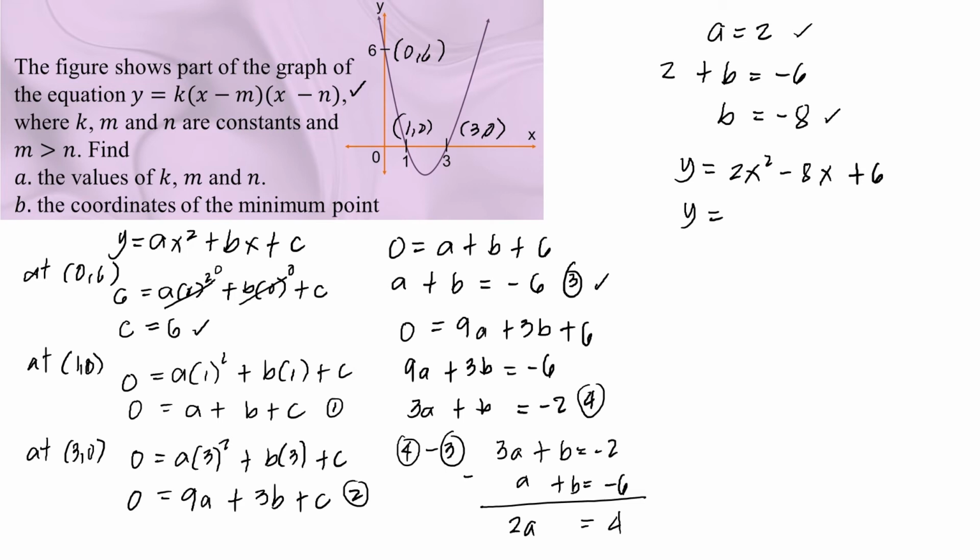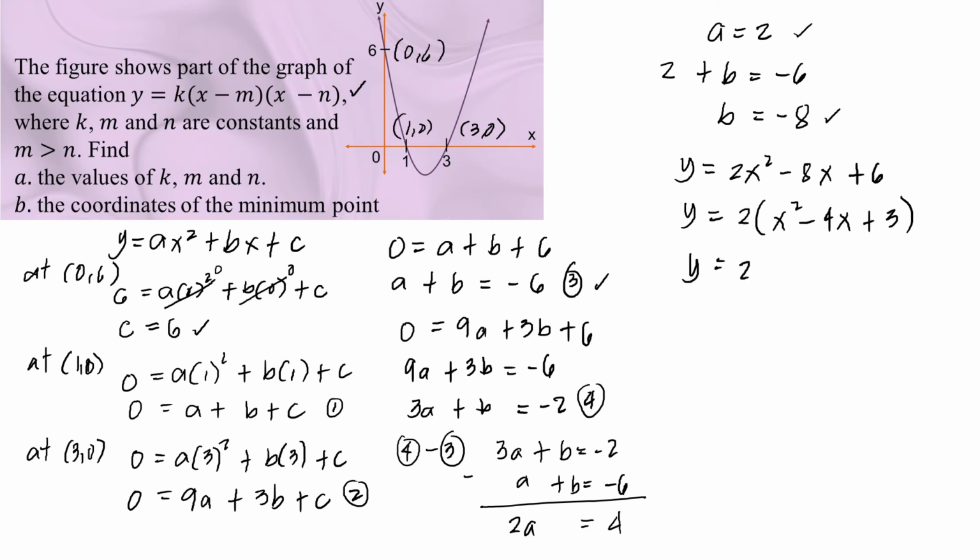Since common monomial factor ang 2, then we have 2 times the quantity x squared. Negative 8x divided by 2 is negative 4x. 6 divided by 2 is positive 3. Yung quadratic trinomial sa loob ng parenthesis ay maaaring i-factor.